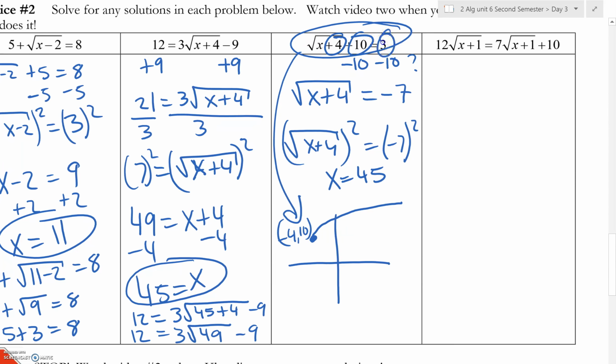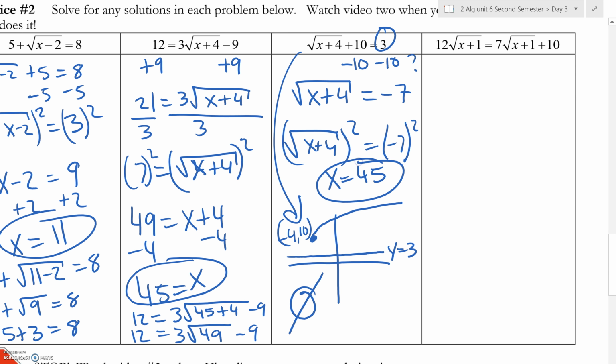But if we're looking to see where this thing equals positive 3, the line for y equals positive 3 would be down here. And you can see from this quick sketch that our solution line, y equals 3, never crosses our square root graph. They just don't ever intersect. Therefore, there's no solution. So this has no solution, even though you may have gotten 45. And this will be tricky for us for a long time. We'll talk some more about this tomorrow.